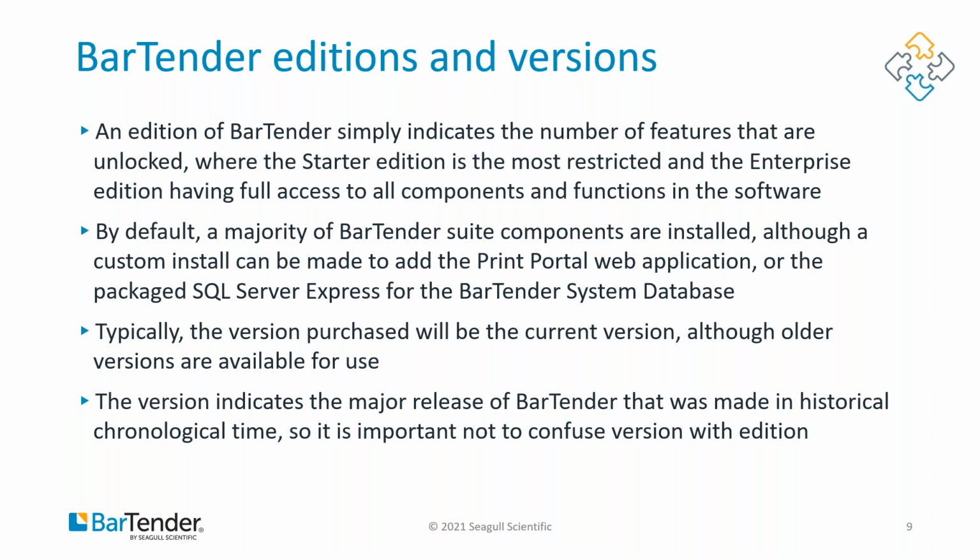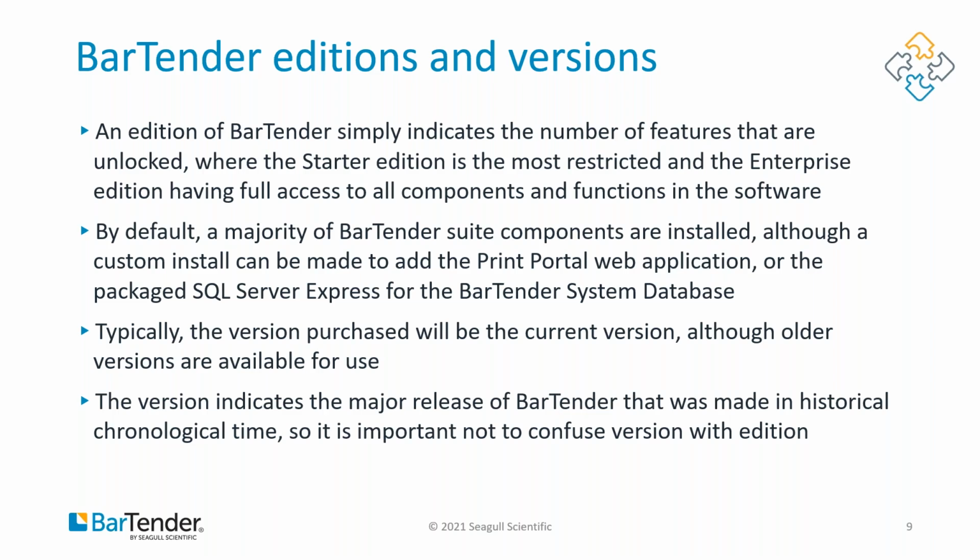There are no different software downloads depending on edition. Simply when you activate the software, depending on your product key code, it will set the software for running as that particular edition.